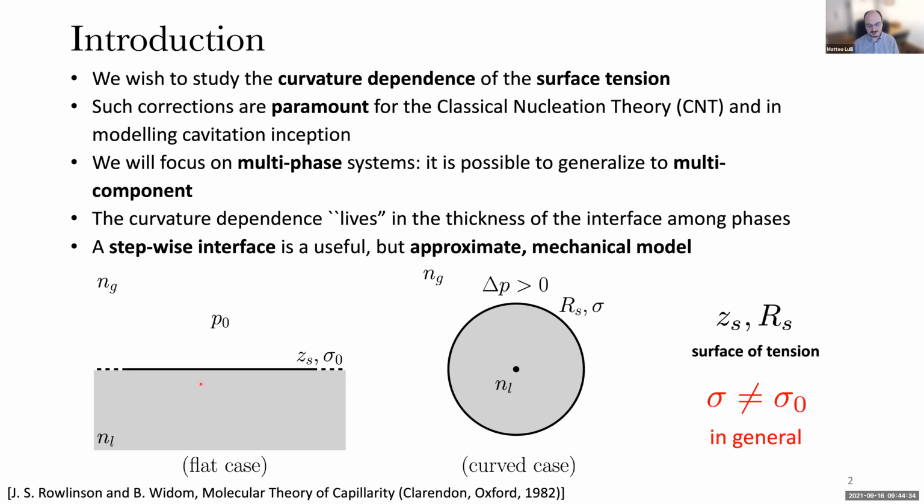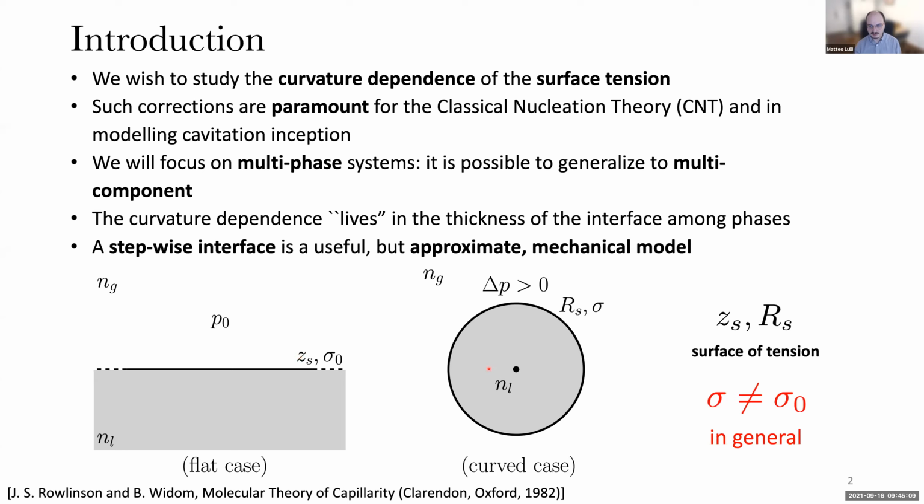Starting from the flat interface, we can mechanically understand it by imagining a surface of tension at the interface, separating the two phases, gas phase above, liquid phase below. By the argument of mechanical balance, the pressure on both sides must be the same, because otherwise the interface would be moving. And the surface tension is imagined as acting at the surface of tension, which in this moment is just sharp.